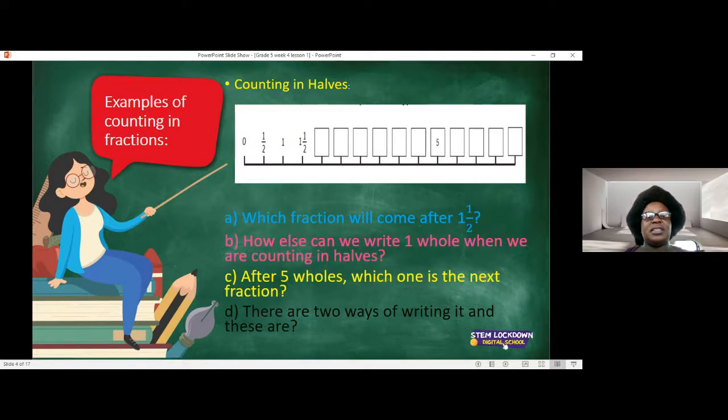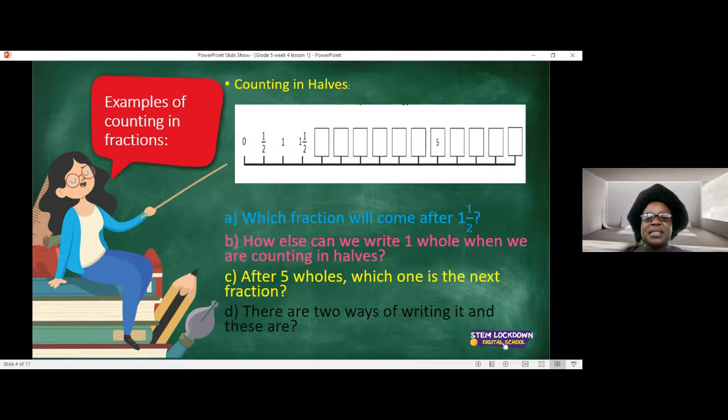Think of an orange. If I give you an orange that is not cut, not peeled, that is a full orange. But if I take that orange and cut it in half, now I have a half. So when you talk about a whole, it's untouched, it's full. So it's not like a fraction. We say the fraction is part of a whole, so a whole can be divided into many fractions.